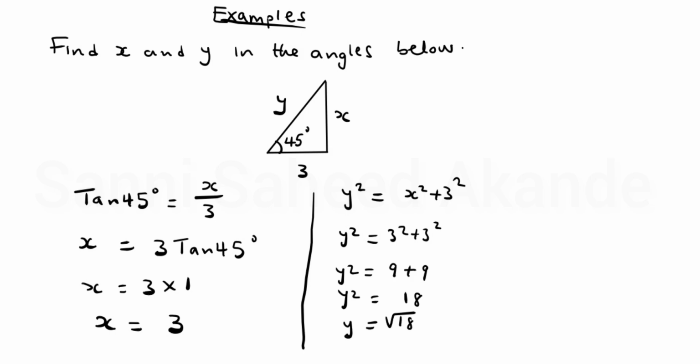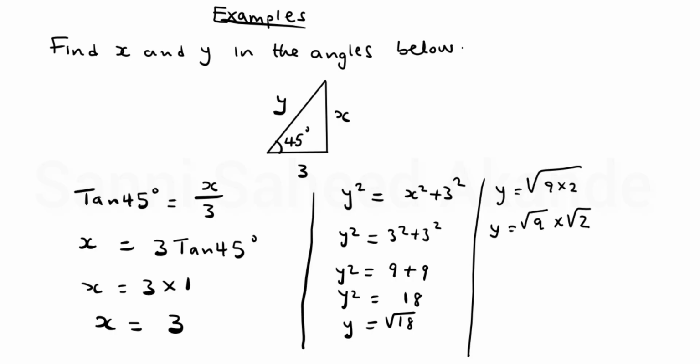Root 18 can further be simplified as root 9 times 2, because 9 times 2 gives us 18. So y is equal to root 9 times root 2, and root 9 is 3, so finally y is equal to 3 root 2. Understood? So this is the solution to this question.